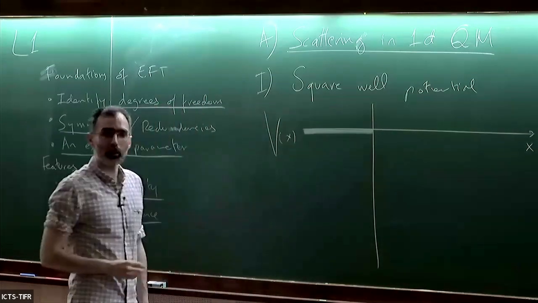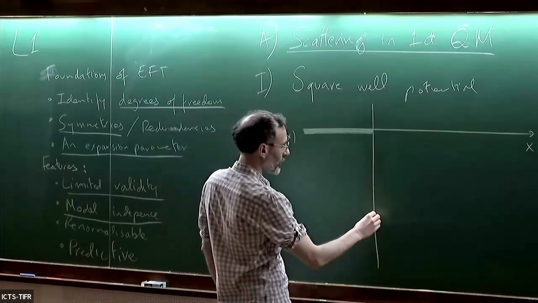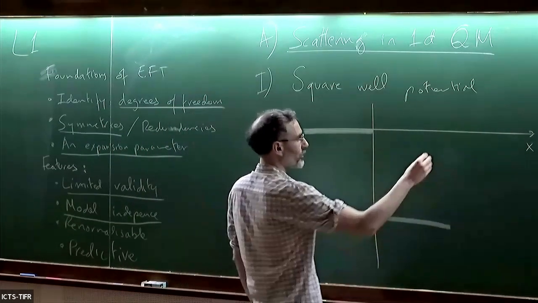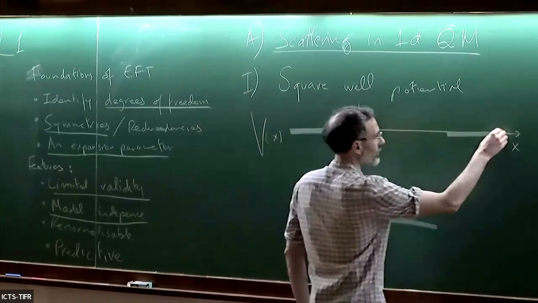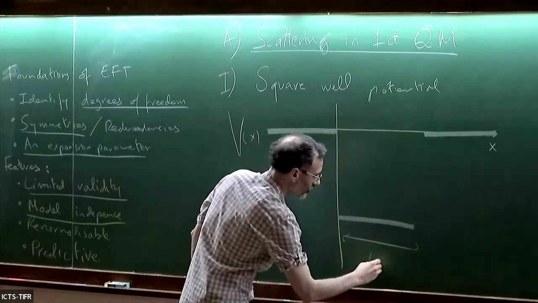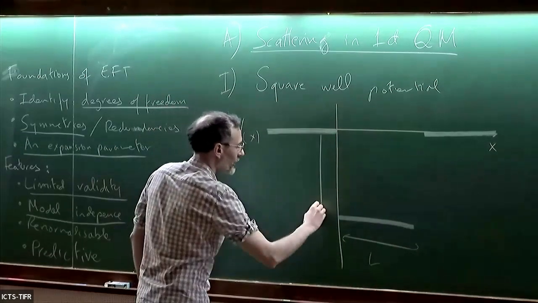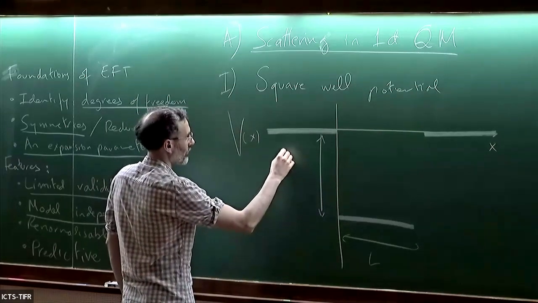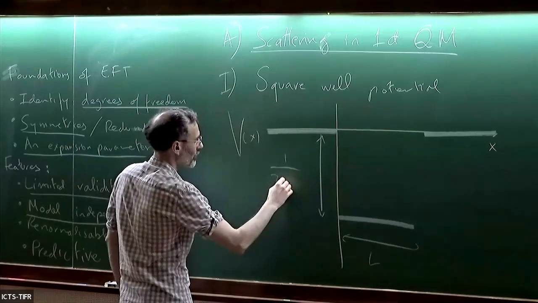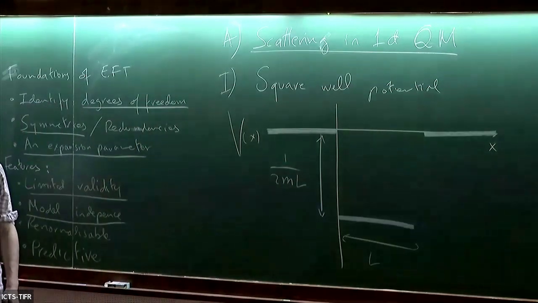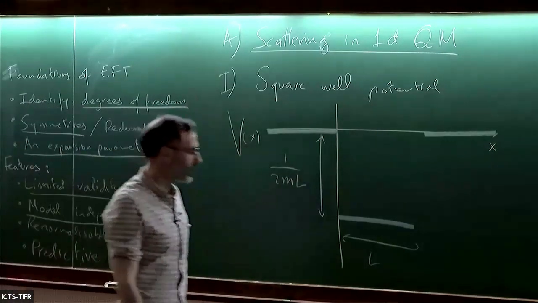It's going to start at x equals 0, have some value there, and go back to 0 after a length L. And the depth of it is going to be 1 over 2 m l. M is the mass of the particle we're talking about in one dimension.